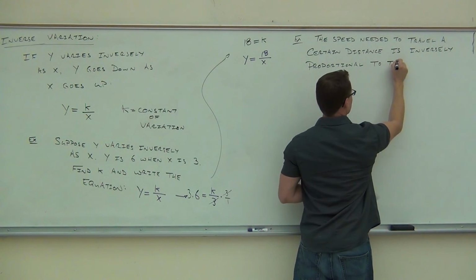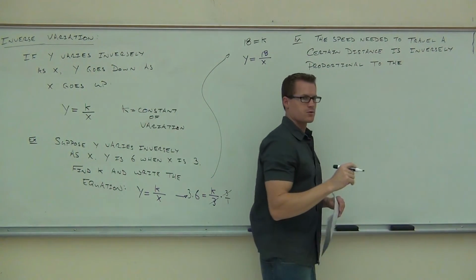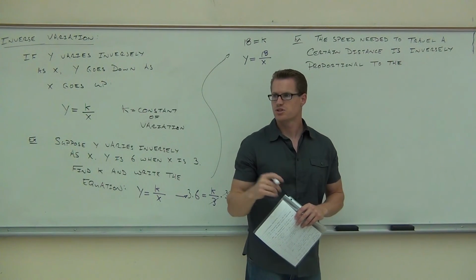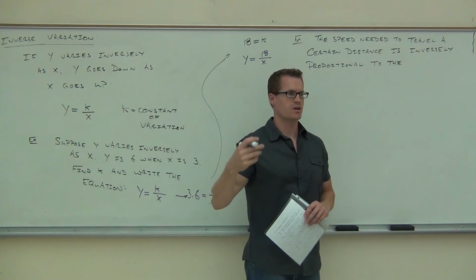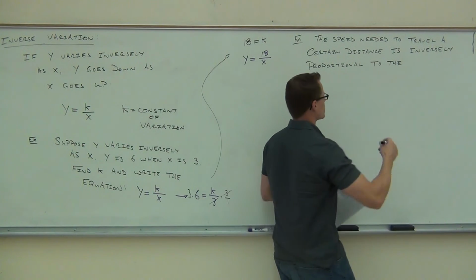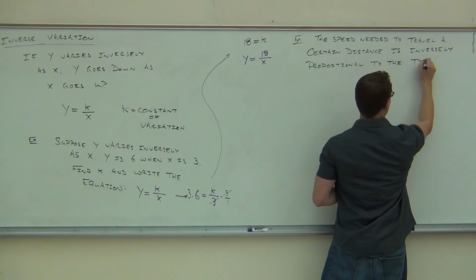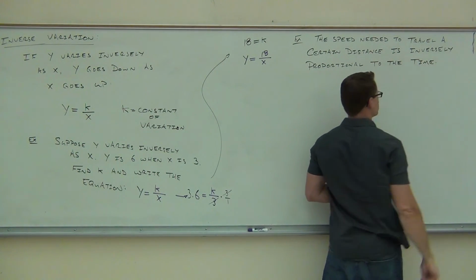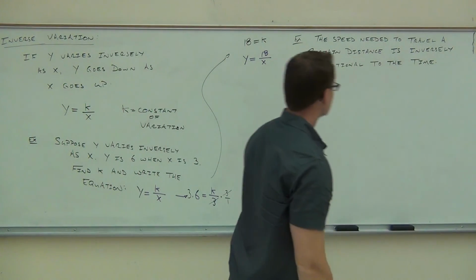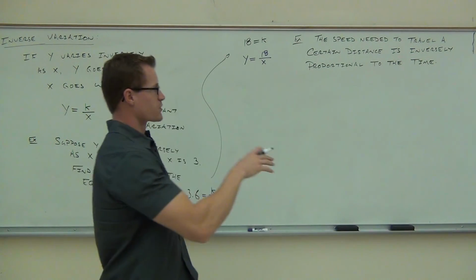Hey, is that inversely proportional throwing you off, or is that okay with you? Just like directly proportional and varies directly are the same thing, varies inversely and inversely proportional are the same thing. Speed needed to travel a certain distance is inversely proportional to the time.